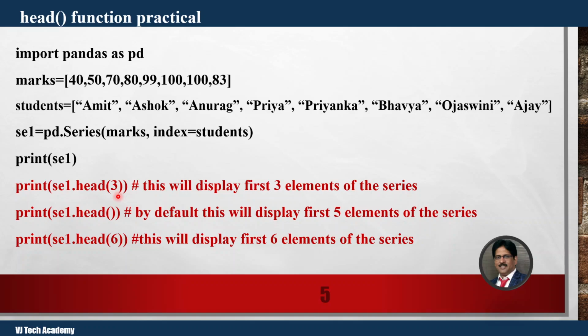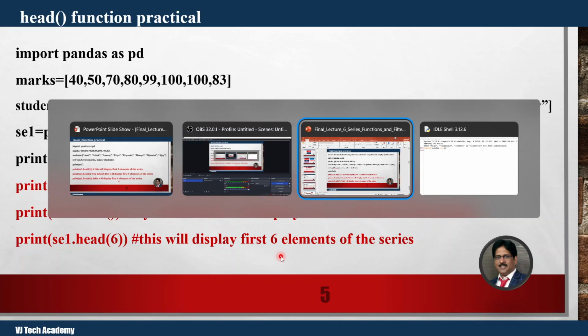The 3 means how many elements I want to pick from the given series. So it will display first 3 elements of the series. If I do not specify any value, then by default it will display first 5 elements of the series. If I write 6, then it will display first 6 elements of the series. Let's do this activity practically as well.